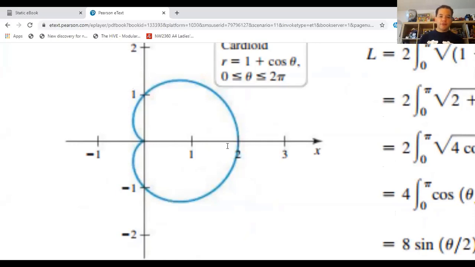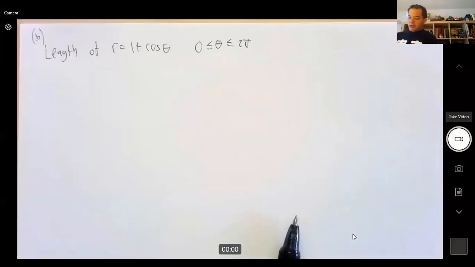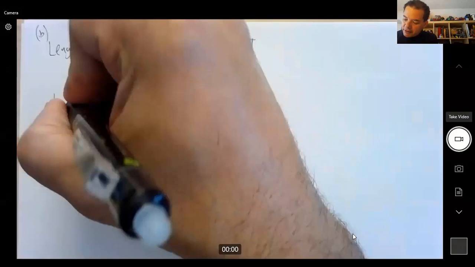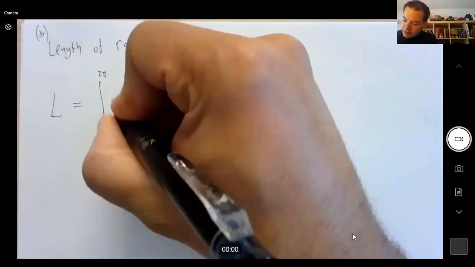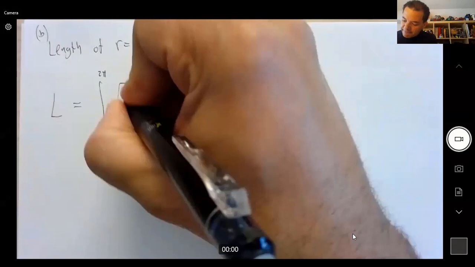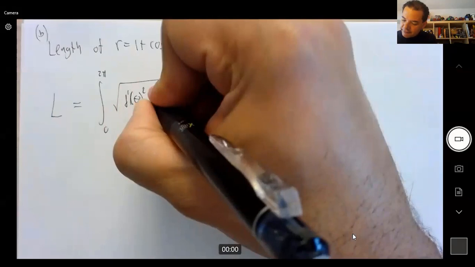Let's switch to the screen and do it. How do we do it? Well, let's set it up. It will be the integral from 0 to 2 pi of the derivative squared plus the original function squared.